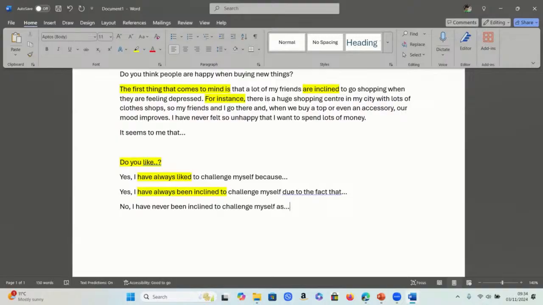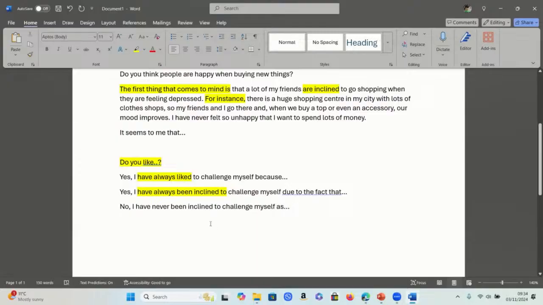"I've always been inclined to challenge myself" is better than "liked," so you've already impressed the examiner twice. And then instead of saying "because," you say "due to the fact," which is better vocabulary, but it's also a better cohesive device, joining words, which is a separate mark in the descriptor. So the first one's good, the second one's better.